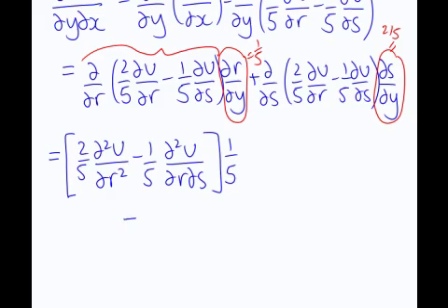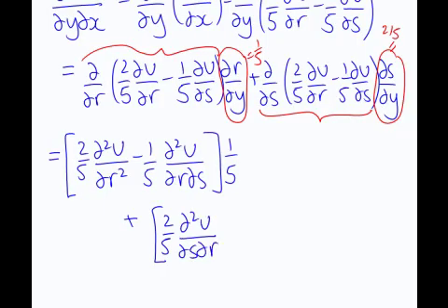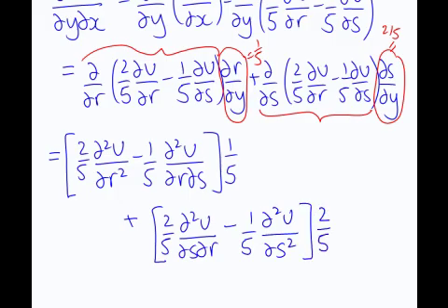I'll do this on the next line so that I have enough room. Now I'm going to evaluate this second bracket. What I have is 2/5 the second derivative with respect to s and then r, minus 1/5 the second derivative with respect to s squared, and I'm left with the 2/5 outside at the end.